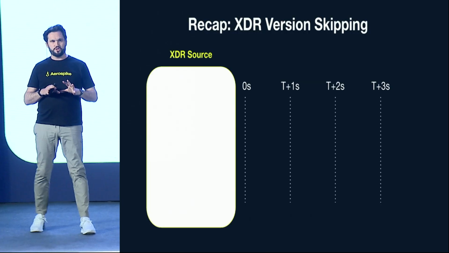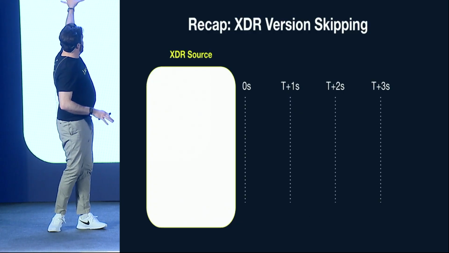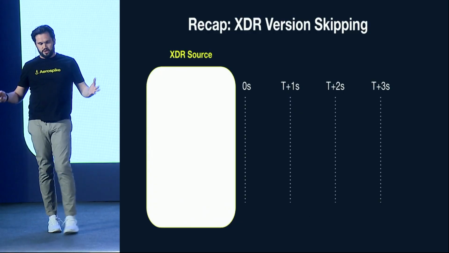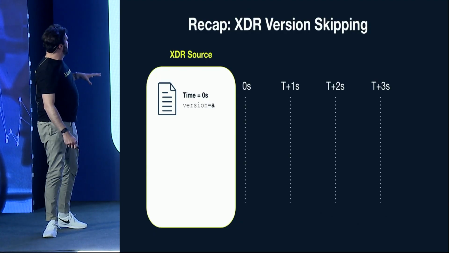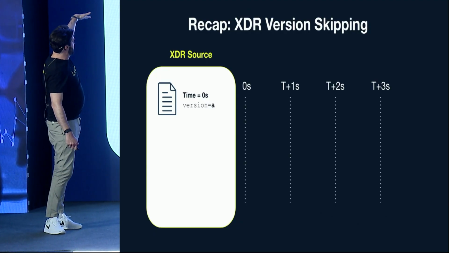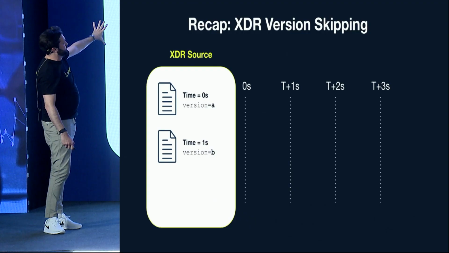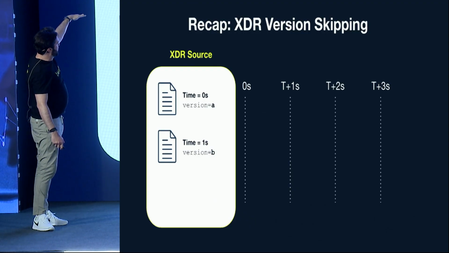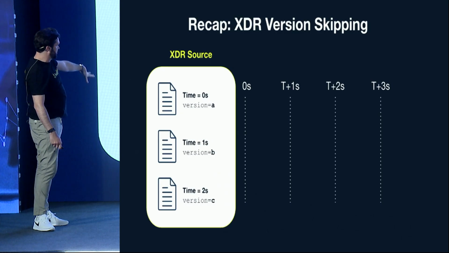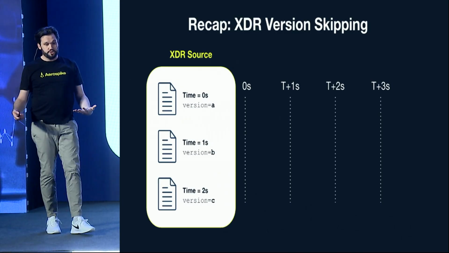The way that XDR works today, you have an XDR source, which in this case is going to be an Aerospike cluster. Let's say you write a record to the database, and I'm using very long time frames here to make it human relatable. You write it at 0 seconds, update it at 1 second, and then update it again at 2 seconds.